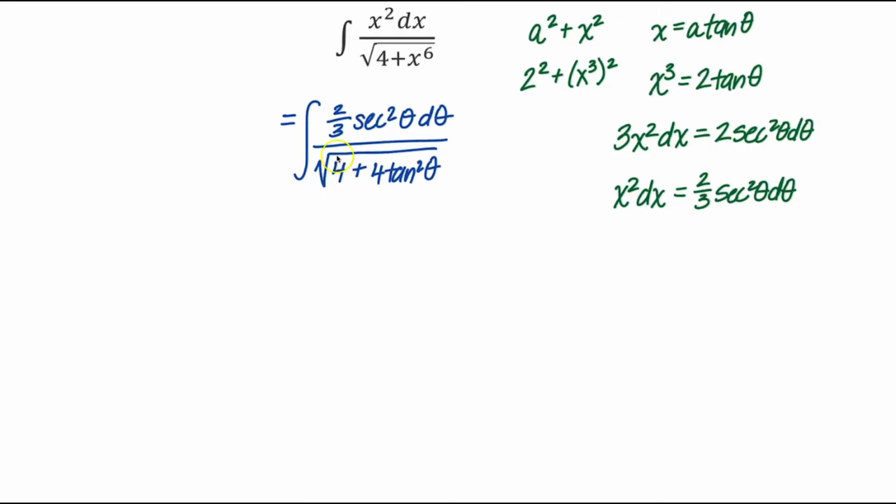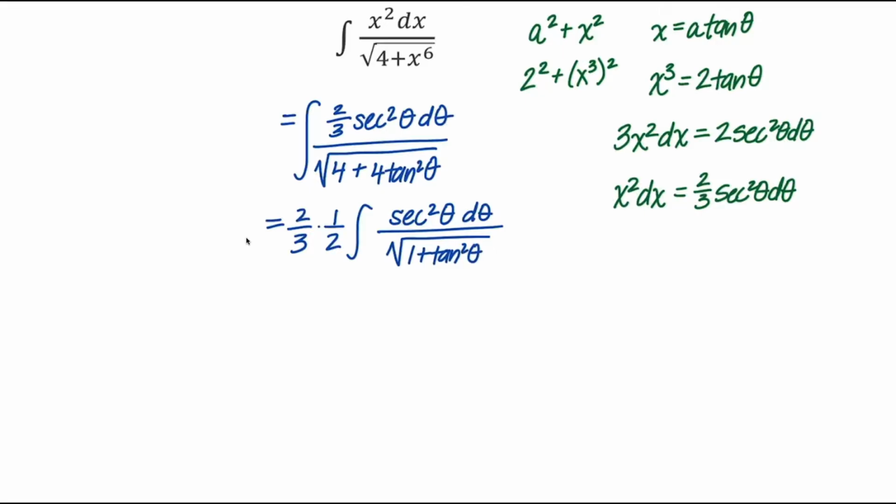All right, so now let's pull the 2/3 out to the front of the integral, and what's going to join it is a 1/2, because I can pull a 4 out here, and then the square root of 4 is 2 in the denominator. So I'm going to have a 1/2 the integral of secant squared theta d theta over the square root of 1 plus tangent squared theta.